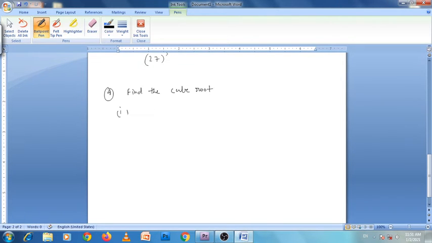So first question is 64. So just get the prime factors of 64. So either we can divide it by 2 or we can simply divide. I'm taking 4. Okay, I'm dividing it by 4. So 4 1s are 4, 4 4s are 16, and 4 16s are 64.